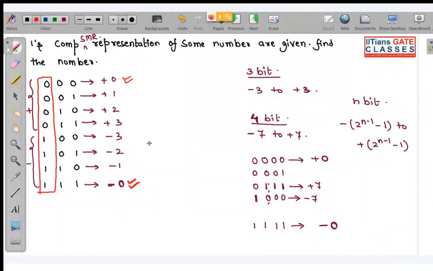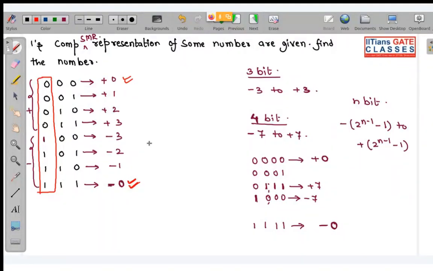This is also problematic, because we know there is no concept of +0 and -0 in normal arithmetic. Yes, in limits we have +0 and -0, but in normal arithmetic, when we add or subtract two numbers, there is no concept of +0 and -0.